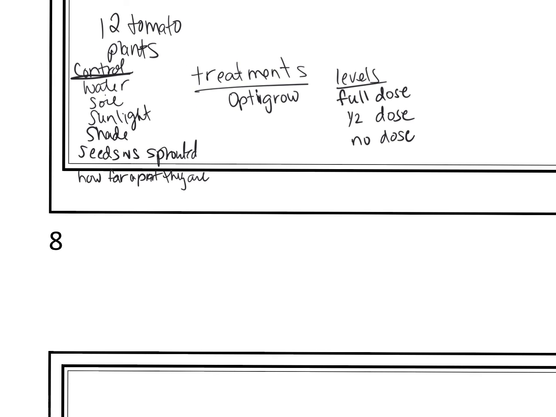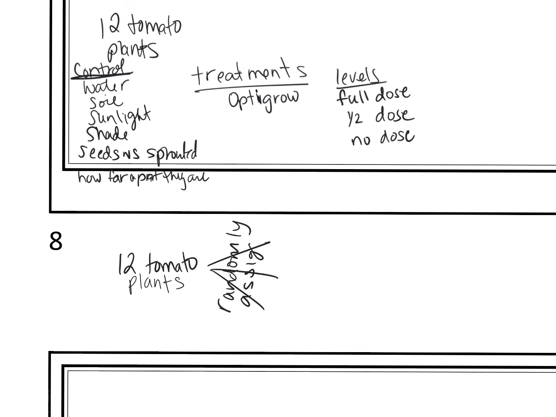So we take our 12 plants and we randomly assign them to our treatments of the full dose, the half dose, or no dose, which is our control. Okay.